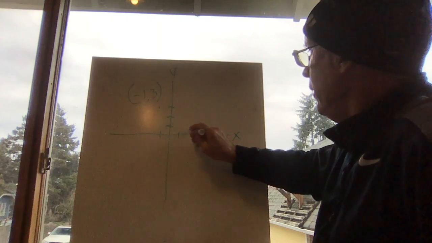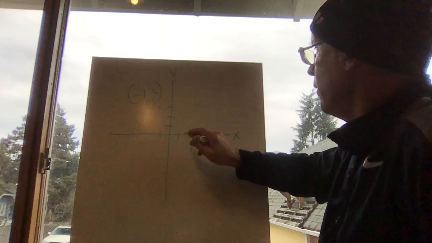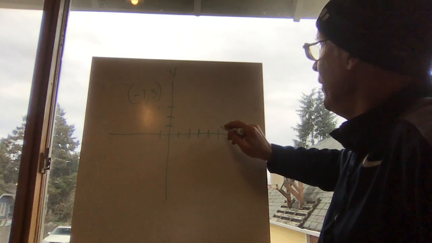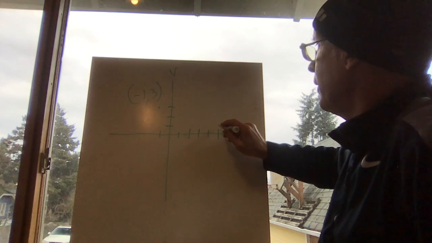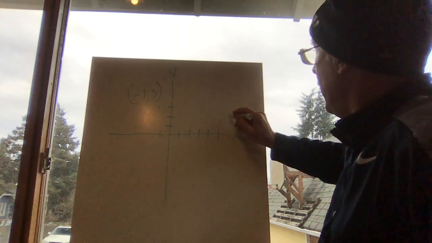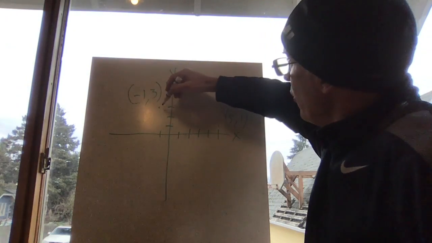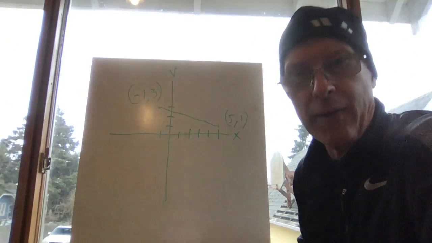And over 1, 2, 3, over 5 and up 1. Okay, so right there. So 5, 1. If there was a line between those two, I'm looking for the midpoint of that line.